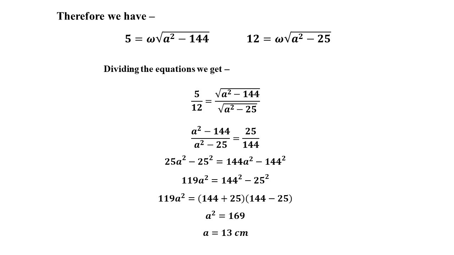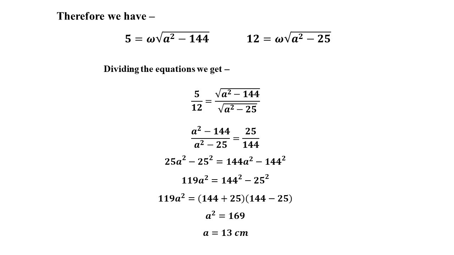So we get from this expression 5 is equal to omega into root over of (a square minus 144), that is 12 square. Similarly, when the velocity is 12 centimeter per second, the displacement is 5 centimeter. So a similar equation gives us 12 is equal to omega into root over of (a square minus 25).